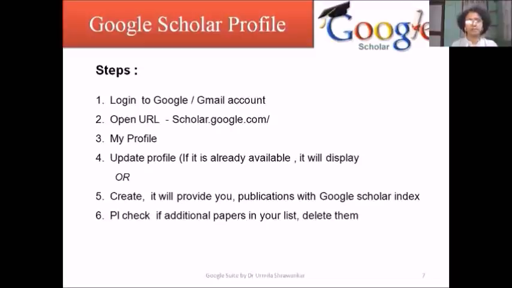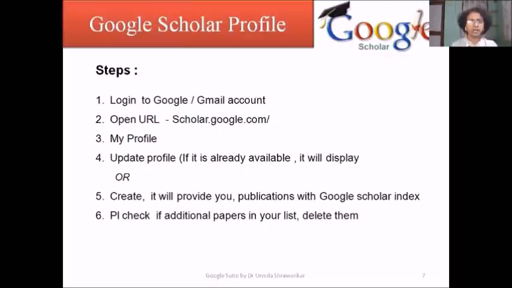Steps are very simple for creating your own profile, and I am giving you the demonstration for that. Log in to Google. For that particular purpose, a Google or Gmail account is mandatory. Open the URL scholar.google.com.